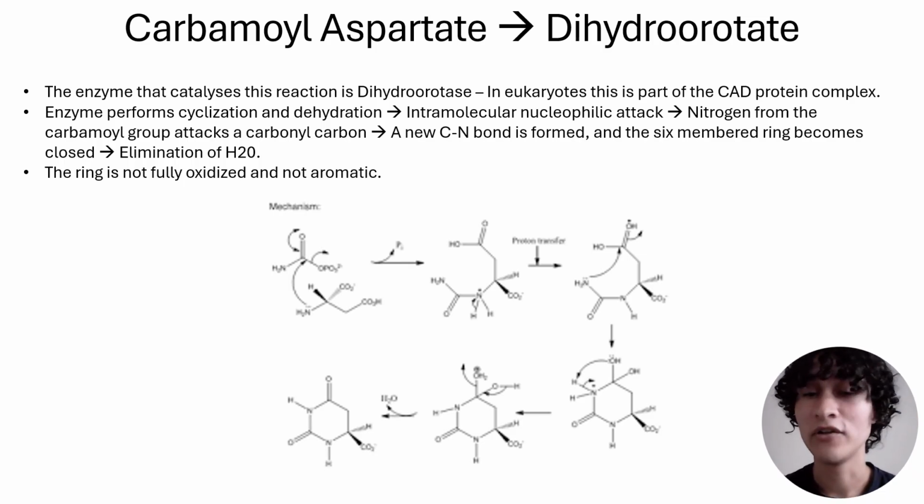Even though we've got our six-membered ring, we haven't actually got an aromatic ring because it's not been fully oxidized, and we get the oxidation of dihydroorotate into orotate in the next step, and that's a bit more of a nuanced step that I'm going to explain in the next slide.